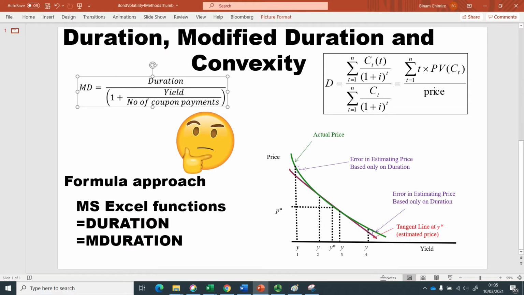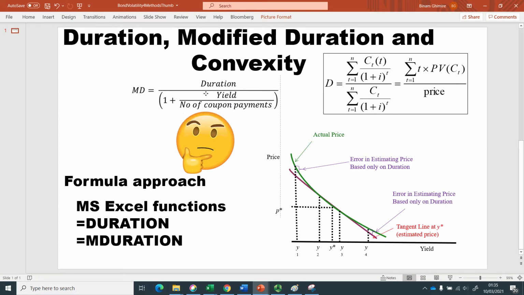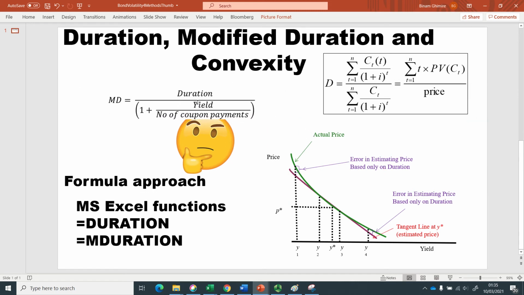Given the relationship between the price of the bond and the yield is not linear, not this line, the purple one, it is not linear, rather it is convex. Hence the reason why when the yield change is larger, the modified duration measure is not effective enough.